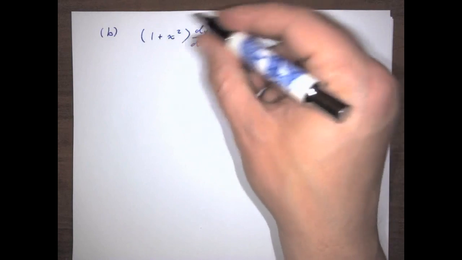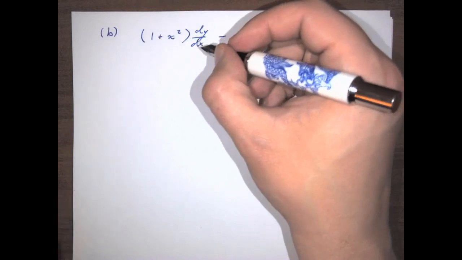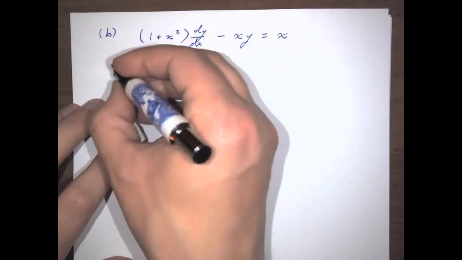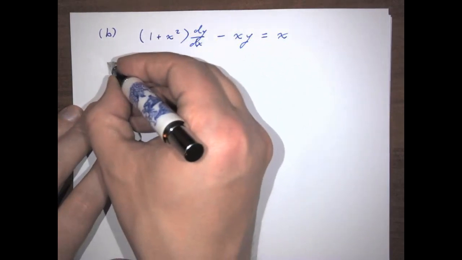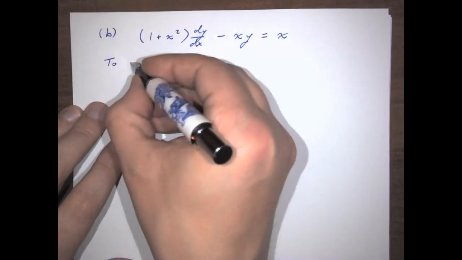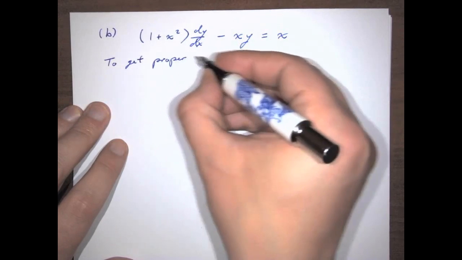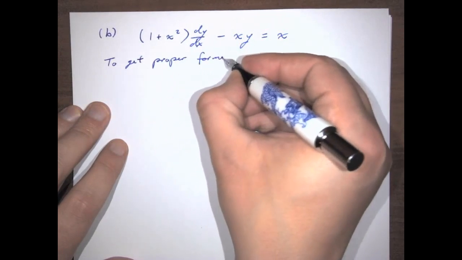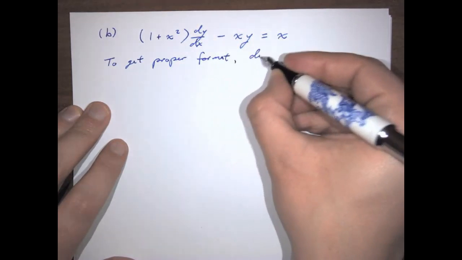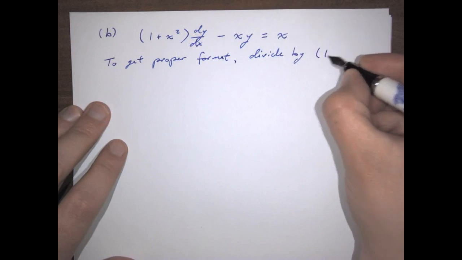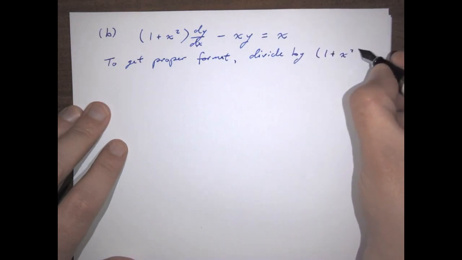This should only be dy/dx. So in order to make it linear form, we need to divide everything by this in order to get it into standard form. So to get proper format, we divide by 1 plus x squared.